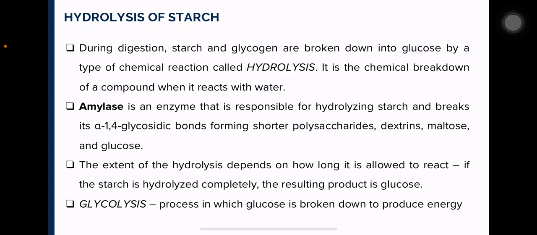Both starch and glycogen undergo hydrolysis, a reaction where water breaks chemical bonds. Amylase cleaves the alpha-1,4 bonds, producing shorter polysaccharides such as dextrins, maltose, and glucose. If the reaction goes to completion, the final product is glucose, which then enters pathways like glycolysis.